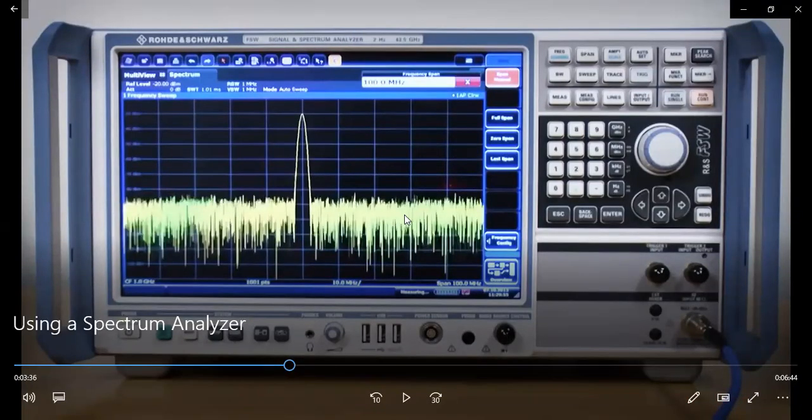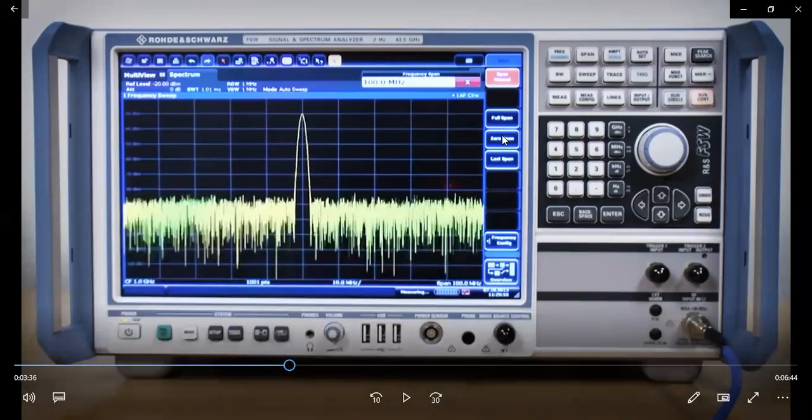Yes, sir. Okay. So you can use the soft keys next to the display, and as already mentioned, the keys on the keypad help more actually. So you set the center frequency and then the span over which you want to see.